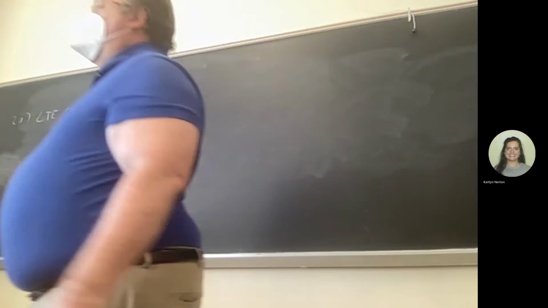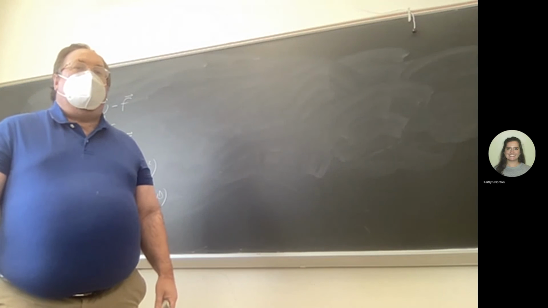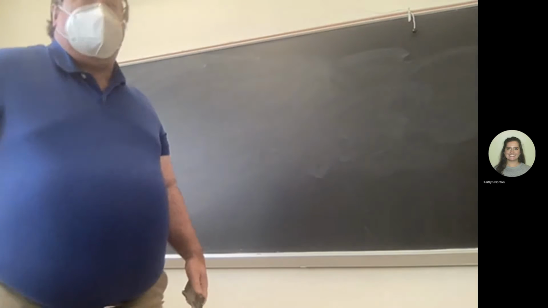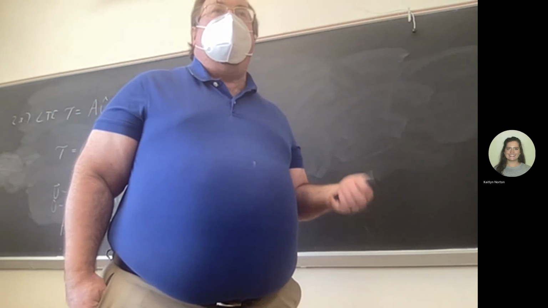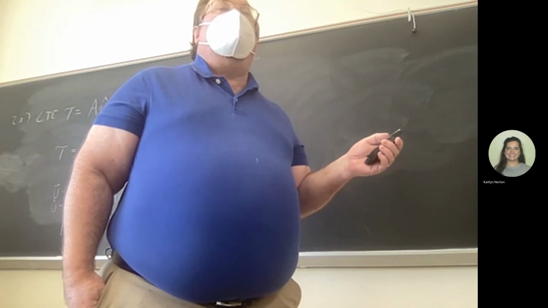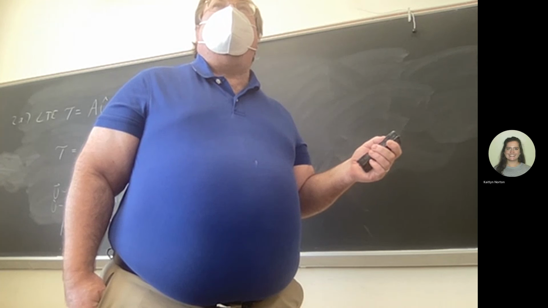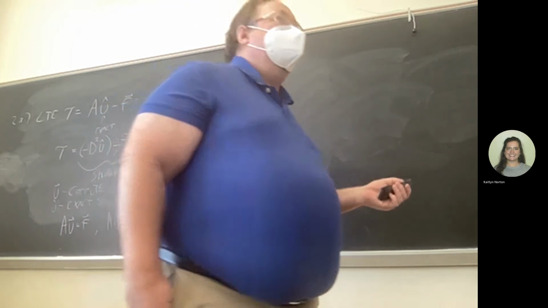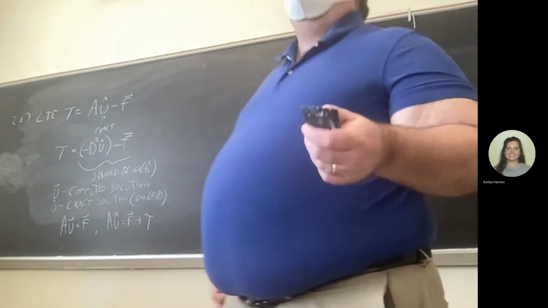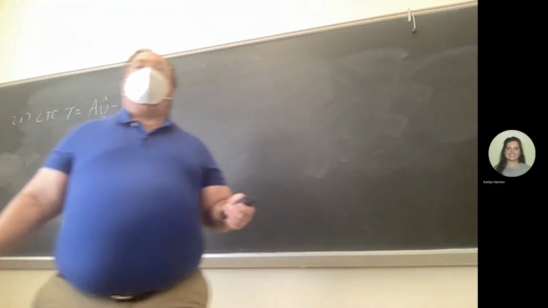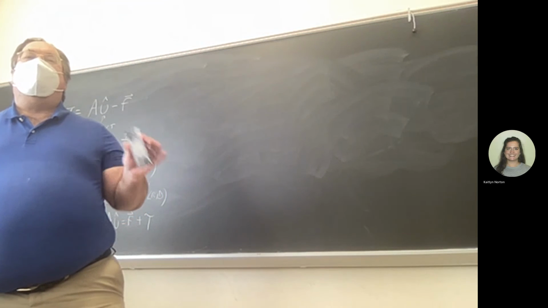So the error term in this case depends on, for a normal second order scheme, the error is minus h squared over 12 times the fourth derivative of u, which relates to the second derivative of f. But what if f doesn't have a second derivative? So it's not entirely clear.